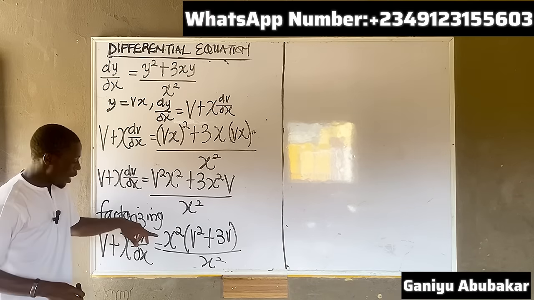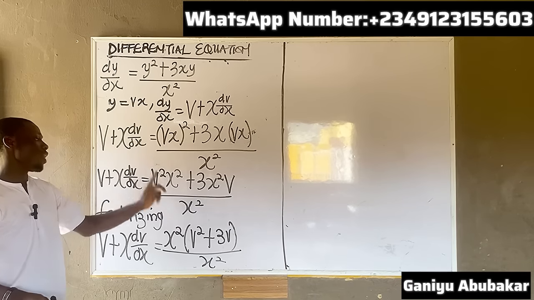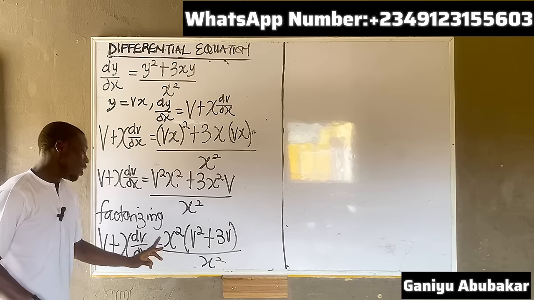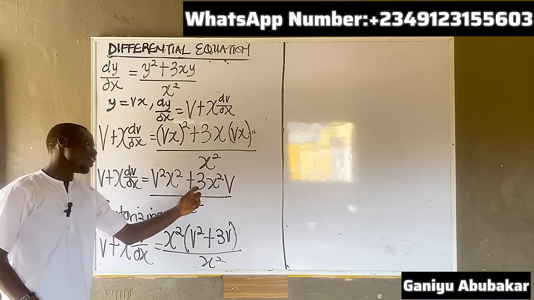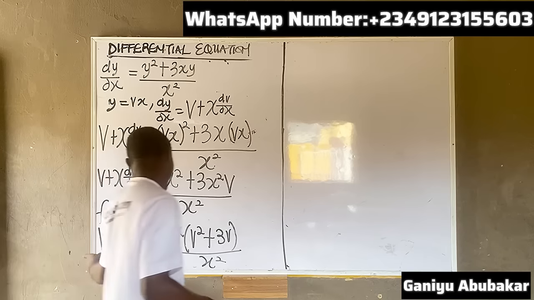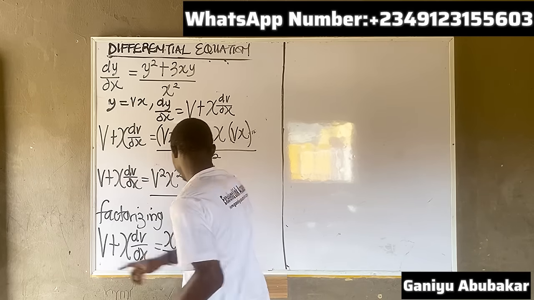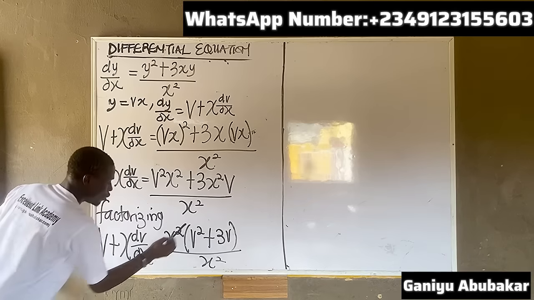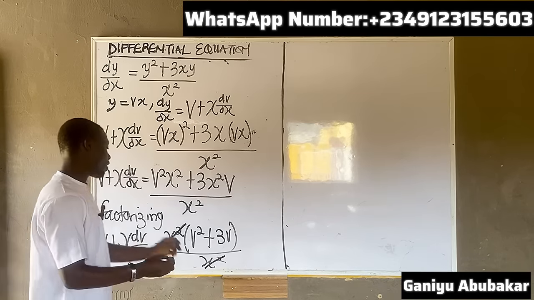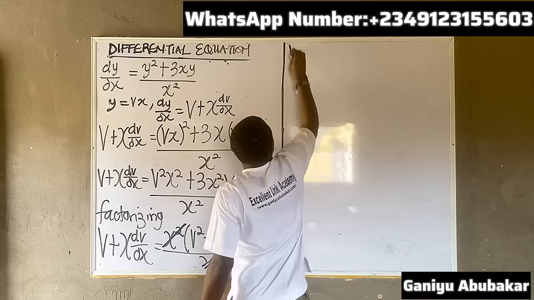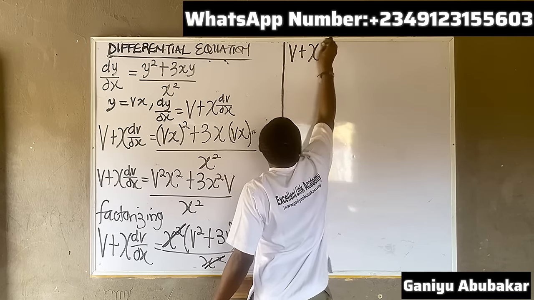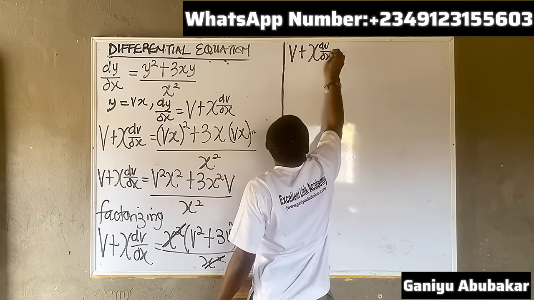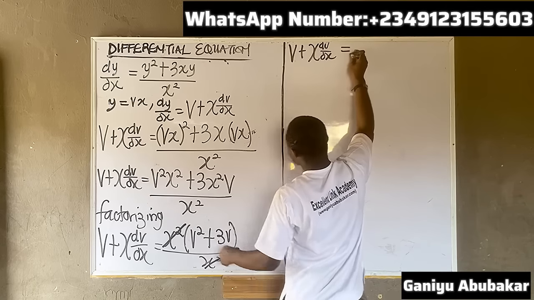Of course, x squared times v squared plus x squared times 3v gives 3x squared v, same thing. From here, I'll take v to the other side, but before then, this one will cancel this. So take v to the other side.